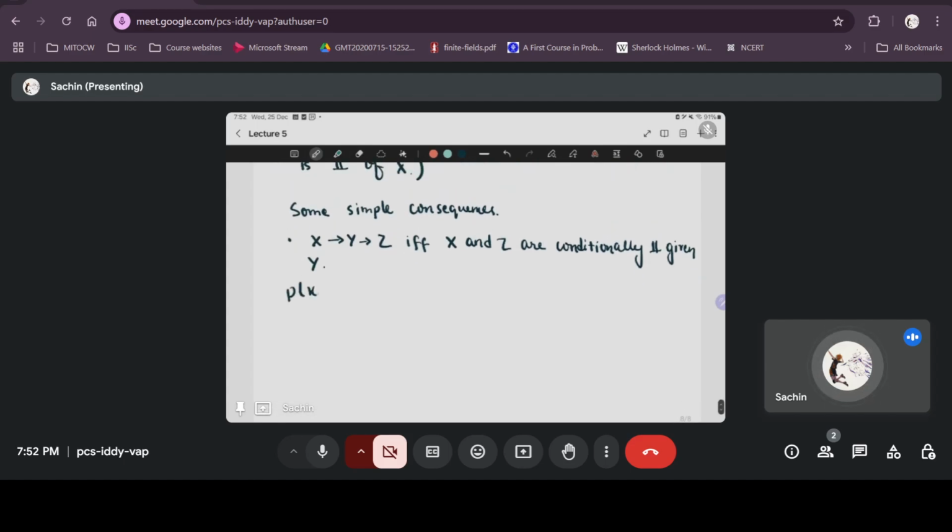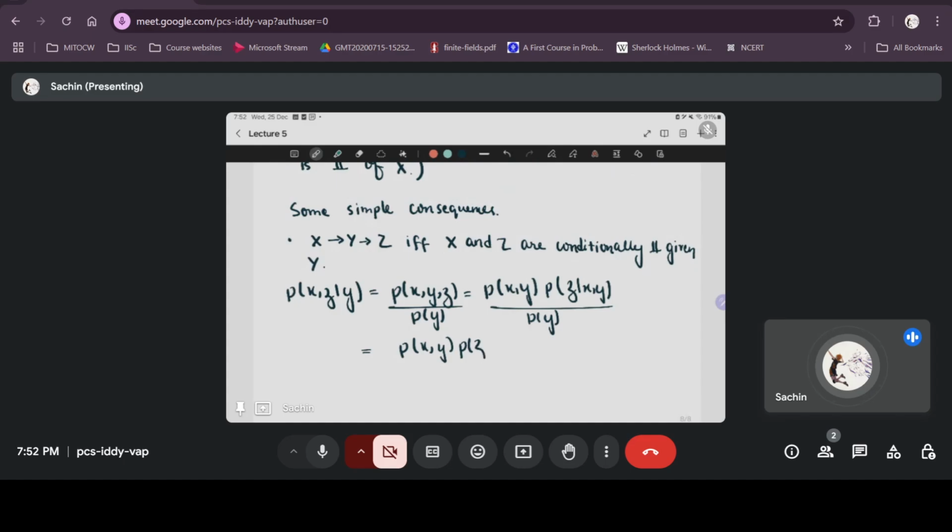That is, p of x comma z given y is equal to p of x comma y comma z divided by p of y, which can be written as p of x comma y times p of z given x comma y divided by p of y. But since it's a Markov chain, p of z given x comma y is nothing but p of z given y.